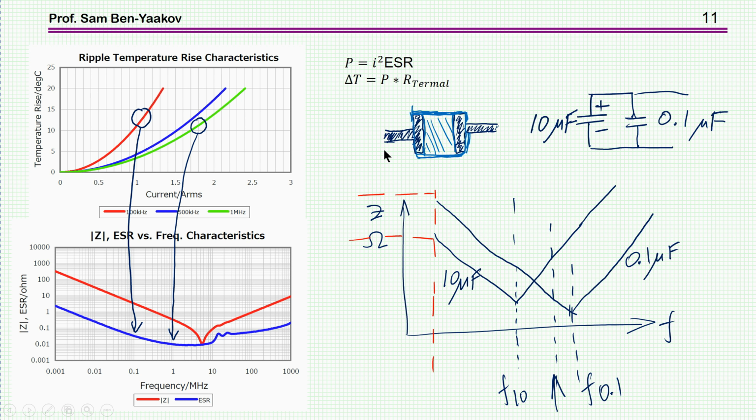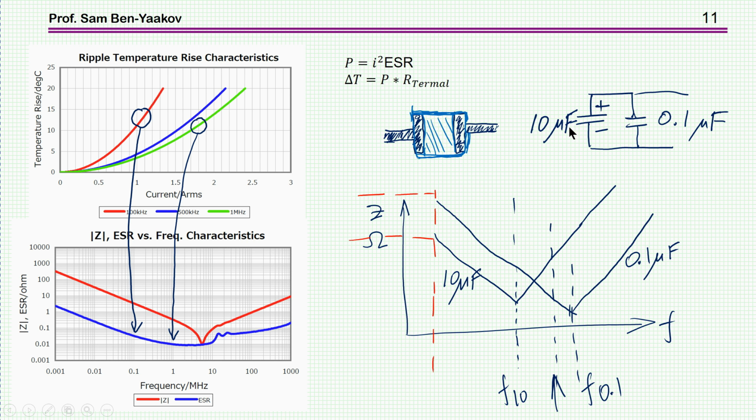Now here's a good point to explain something that I think baffles many engineers, and that is that in many applications you'll see that the capacitor which is put on a bus voltage, on a bus line, will be composed of two capacitors in parallel.